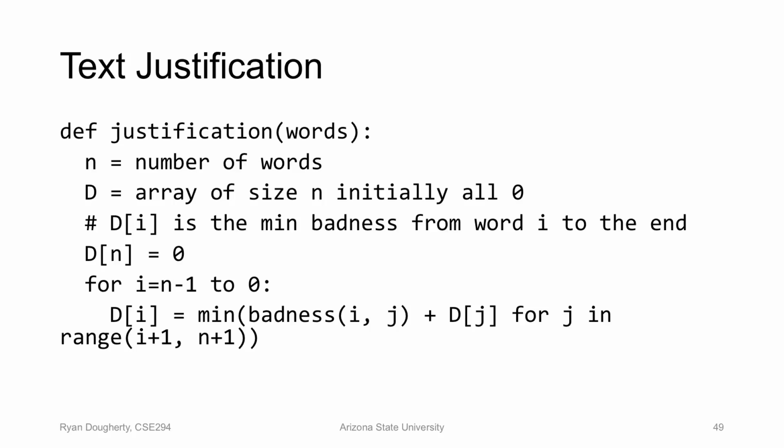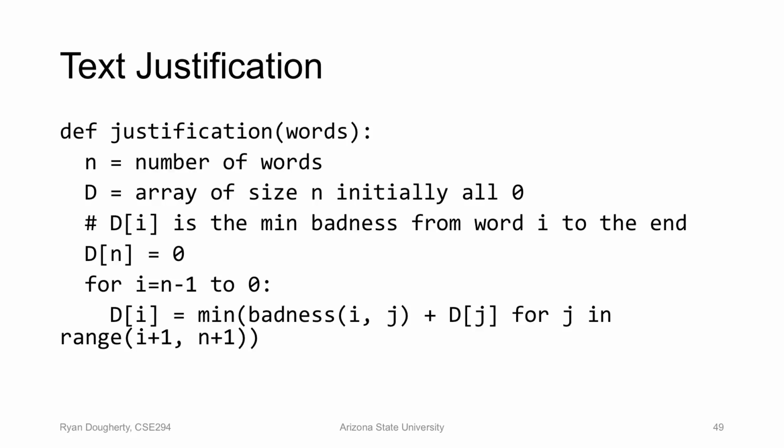I want to find the best D of j, so I find what the badness score is from i to j, plus whatever badness score was at j, which includes from j to the end. I want the minimum of those and store it back in D of i.